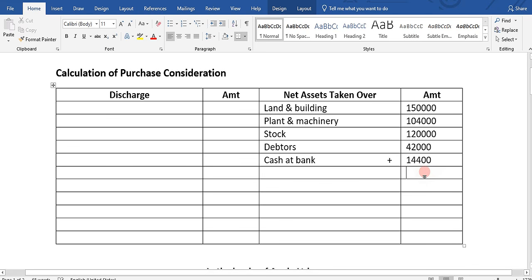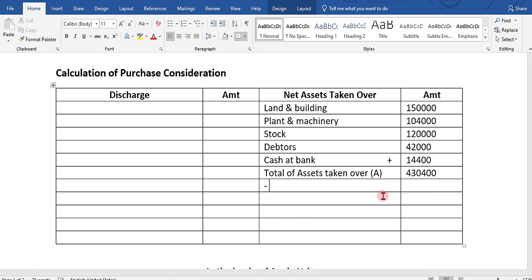So total will be 4,43,400. So this is the total of assets taken over. Okay, so we will mark it as A.